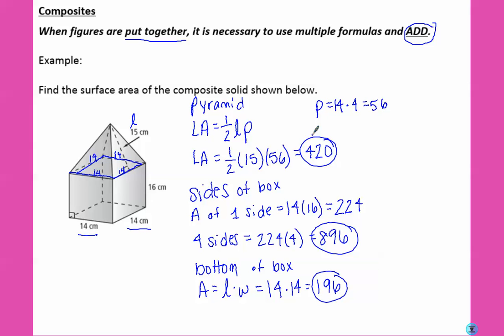So to find the surface area of the whole shape, it'd be 420 plus 896 plus 196, which all together gives us 1512, and then our units were centimeters, and since we're dealing with area, it's centimeters squared.